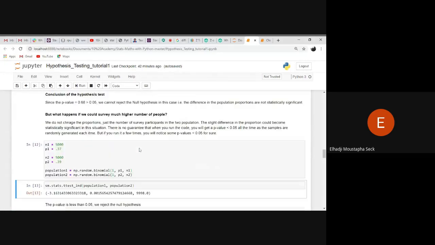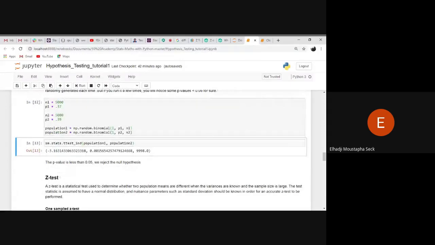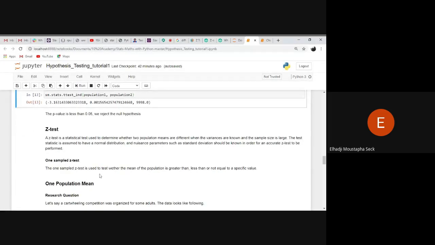That's why, when I increase the sample, I have to reject the null hypothesis. So basically, this is all about the t-test: you have the one sample t-test and the two sample t-test. So let me start the z-test. Now, what is a z-test? A z-test is a statistical test used to determine whether two population means are different when the variances are known and the sample size is large. You see what I was talking about.